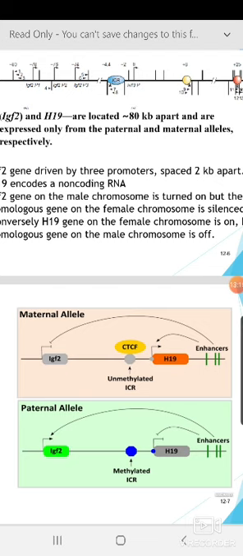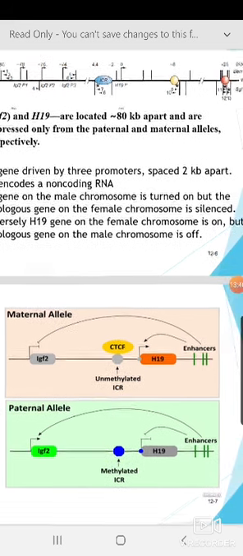So that's the reason the maternal allele of IGF2 is not functional. At the same time, H19 from the maternal allele is working because the insulator is before it, so it is not inhibiting its effect, but the insulator is inhibiting IGF2 gene expression.